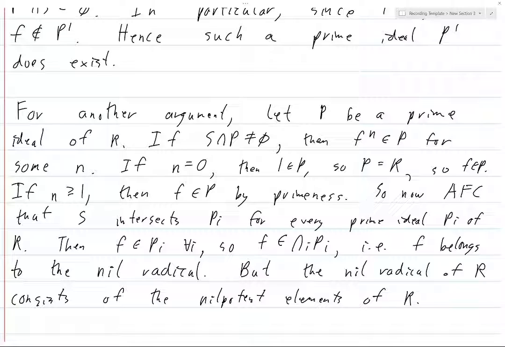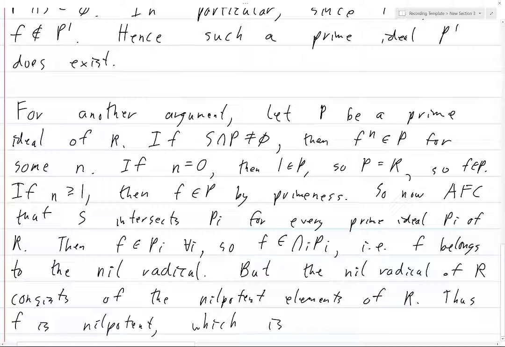If you don't know what I mean by the nil radical, that should be enough to where you can at least follow the logic of this argument. So the nil radical of R consists of the nilpotent elements of R. Thus, f is nilpotent, which is a contradiction.